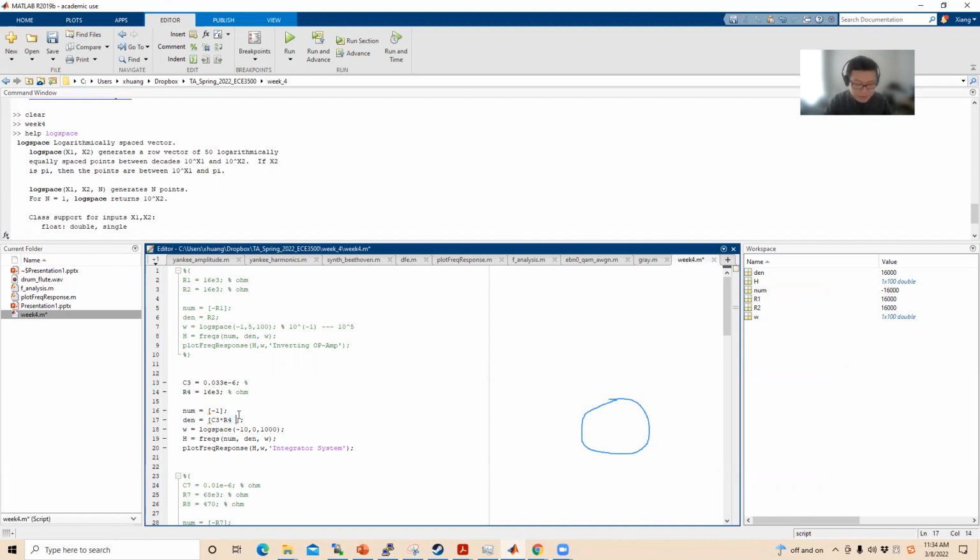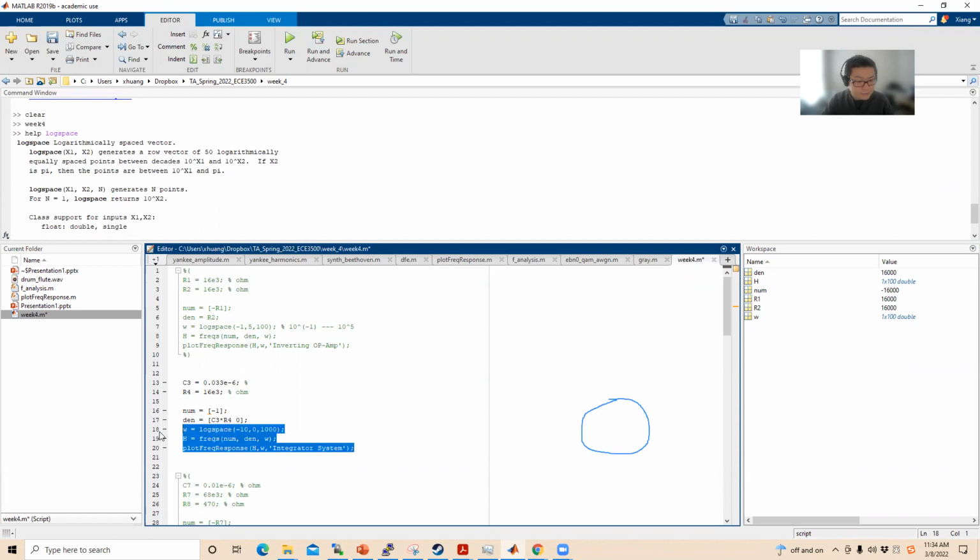So we must add 0 here to make sure that there are two coefficients. The first is C3 times R4, and the zeroth order coefficient is 0.